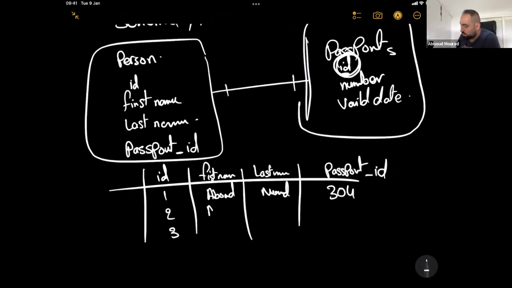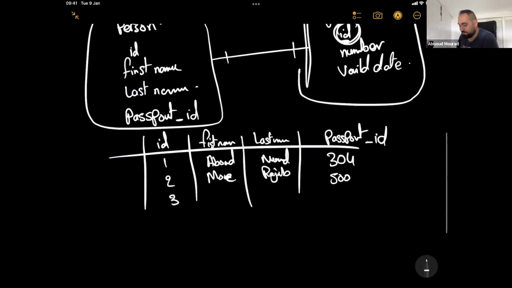Then we have Muhammad, and let's say Rajab. He has the passport number 500, and so forth. So when I want to select record number 1 from a database, the ID of the passport comes with it. And if I have the ID, then I can find by ID in the database, as another request.